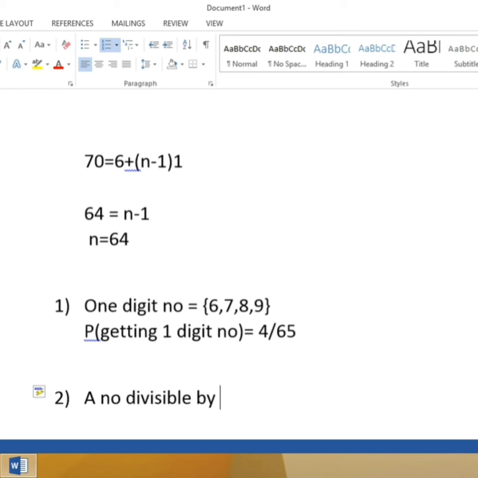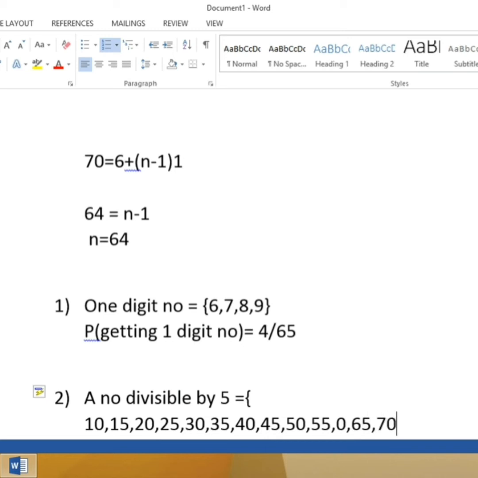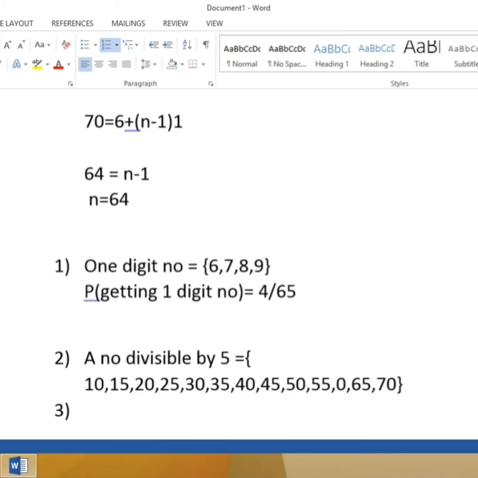The second part is a number divisible by 5. The numbers divisible by 5 here are all the multiples of 5. That's going to be 10, 15, 20, 25, 30, 35, 40, 45, 50, 55, 60, 65, 70.